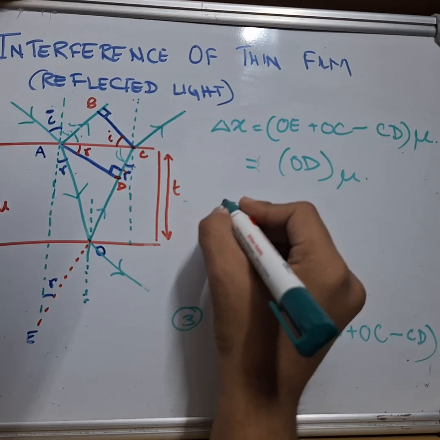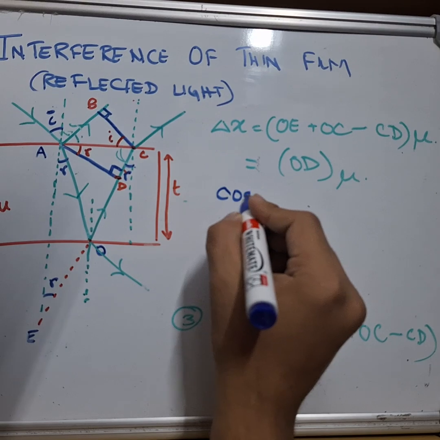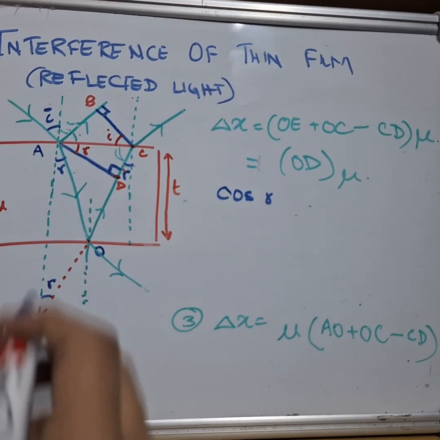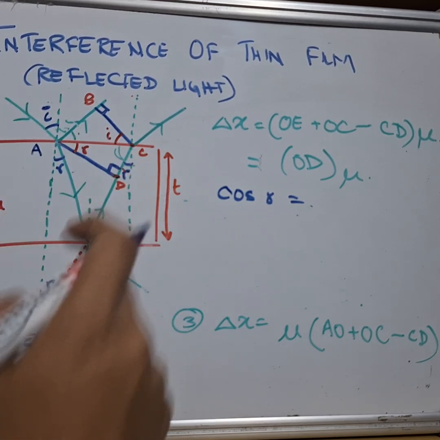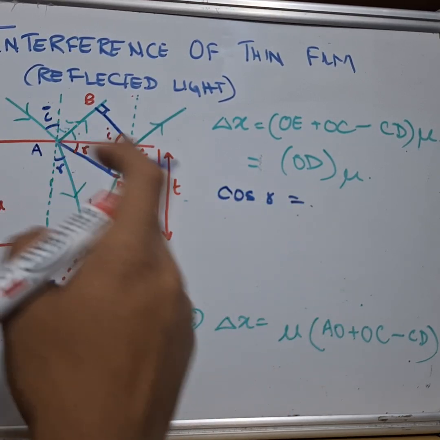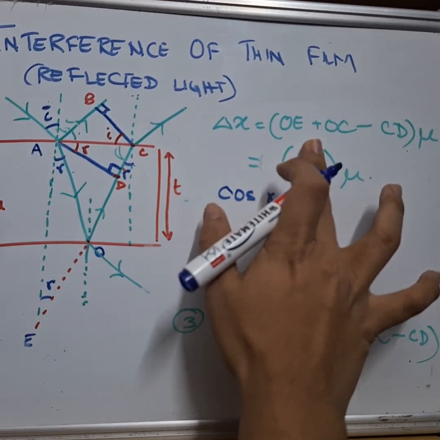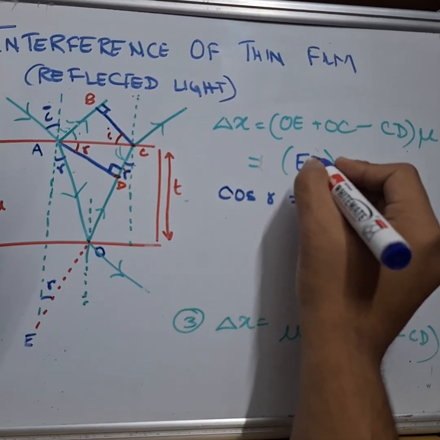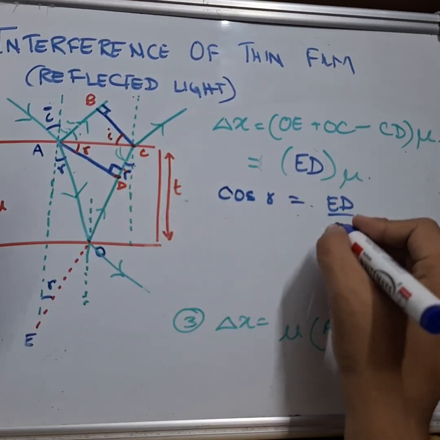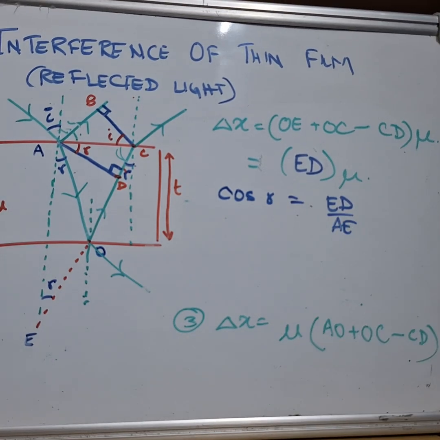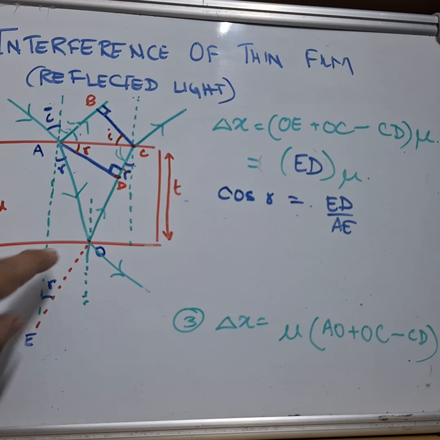So cos of r out here is equal to the adjacent side by the hypotenuse. So this is not OD, this is ED, sorry. So ED by AE.